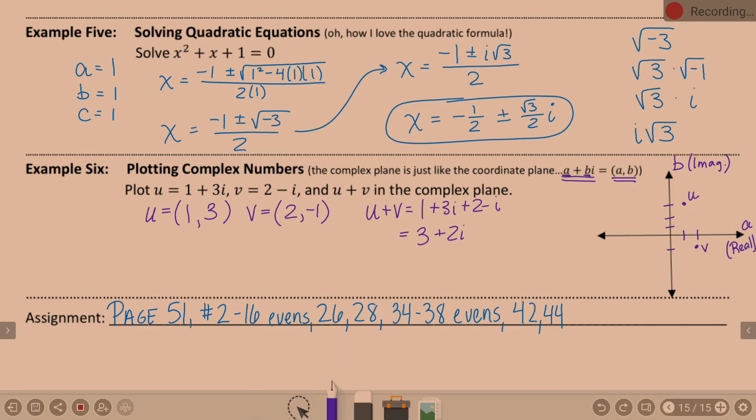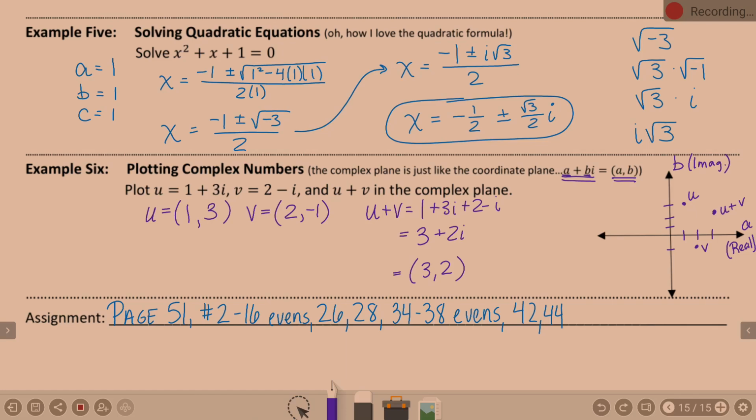And so what is this as an ordered pair? 3, comma 2. So in order to plot u plus v, it's 3, comma 2. So right 3 and up 2. And that is u plus v.